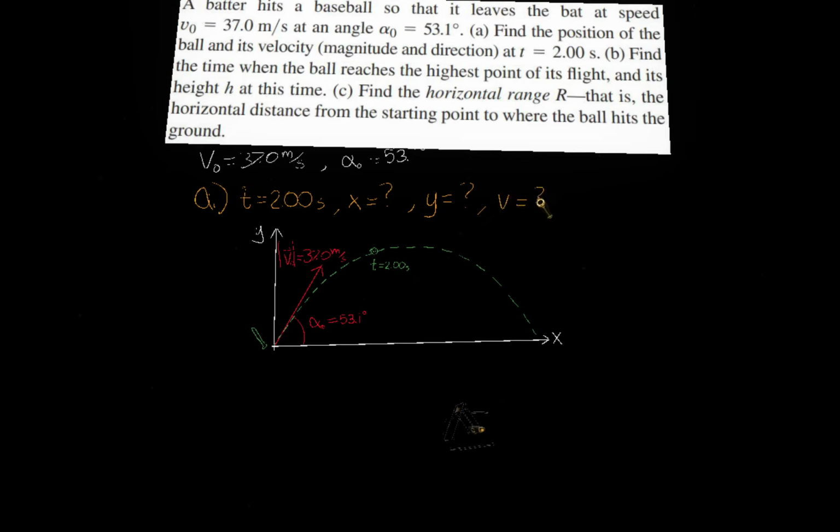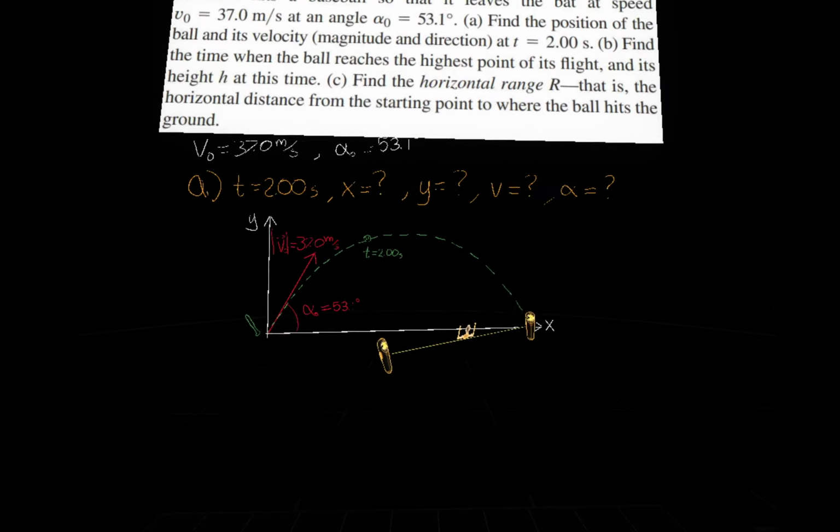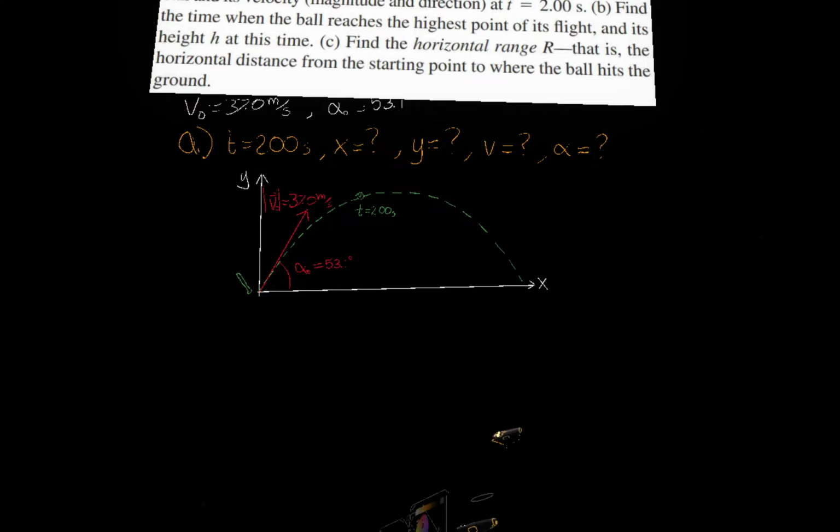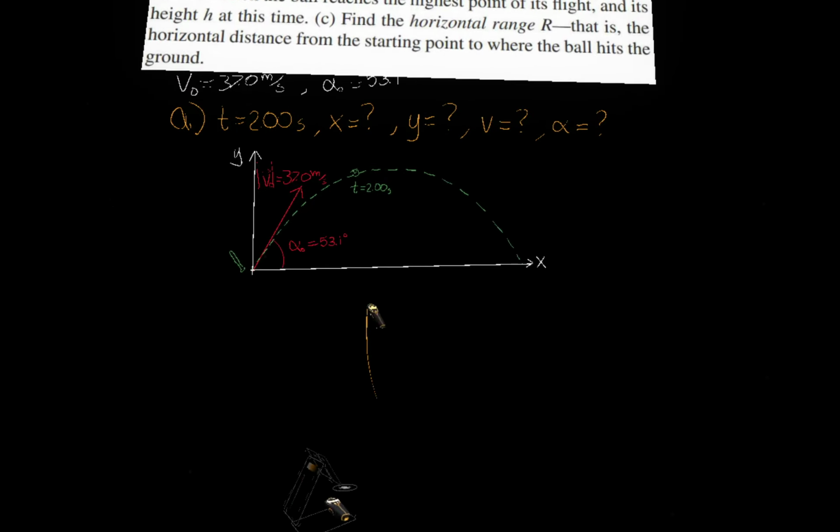Velocity is something, the magnitude of velocity at this time, and the angle that it's at from the horizontal is something. So we have a lot of unknowns, and we're only given time and the initial velocity and angle. Can we find all of this stuff? Well, we have equations for x, y, and we have equations for vx and vy. Those are the 4 equations that we worked with before, right?